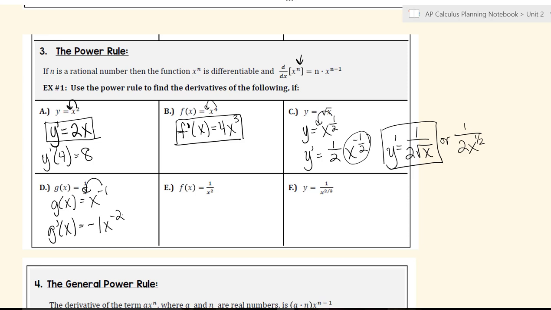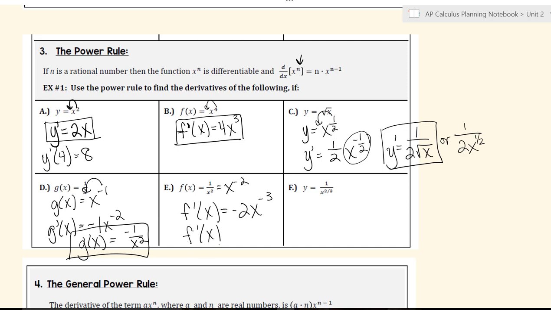We're going to rewrite to make sure that those exponents are positive. So I have g prime of x equals -1 over x squared. Next, rewrite x to the -2: f prime of x equals -2x to the -3, or f prime of x equals -2 over x cubed.